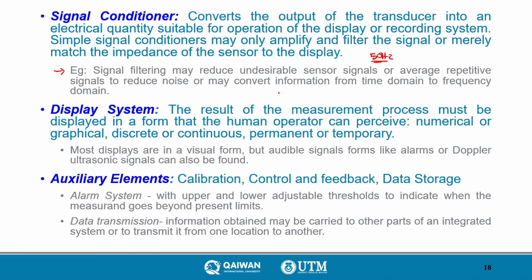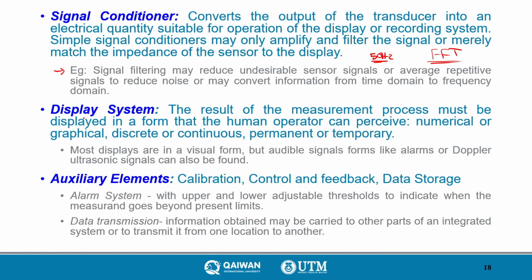Some signal conditioners may also use the FFT, fast Fourier transform, to convert the signal from the time domain to the frequency domain in order to check the maximum and minimum frequencies within the signal, in order to set the Nyquist rate of the ADC, analog digital converter.